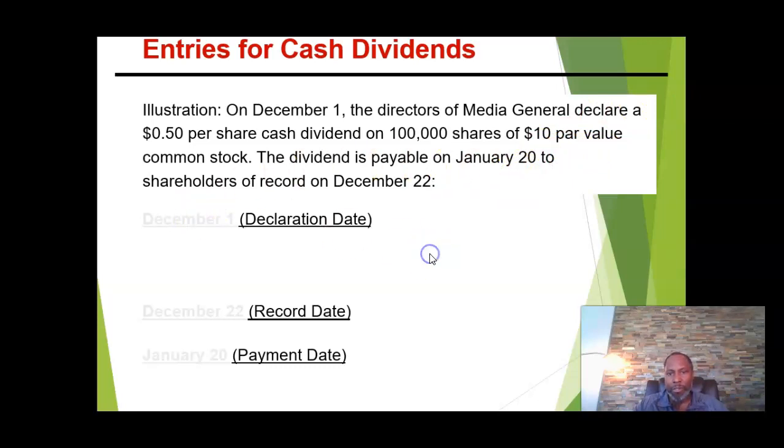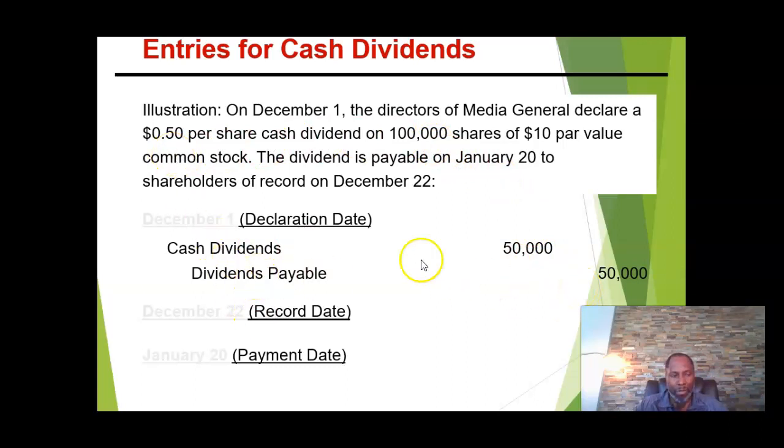So on December 1st, when we declare the dividends, we'll debit cash dividends for $50,000, 100,000 shares times 50 cents, and credit dividends payable. So on the declaration date, you would debit cash dividends, credit dividends payable. The 22nd is the date of record.